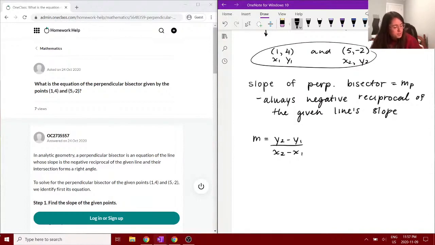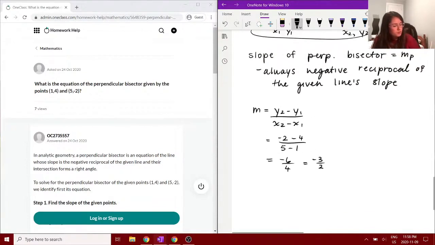Of course, you can do it the other way around, it's up to you. So y2 is minus 2 minus y1, which is 4, divided by x2, which is 5, minus x1, which is 1. From this you get minus 6 over 4, or if you simplify, minus 3 over 2.